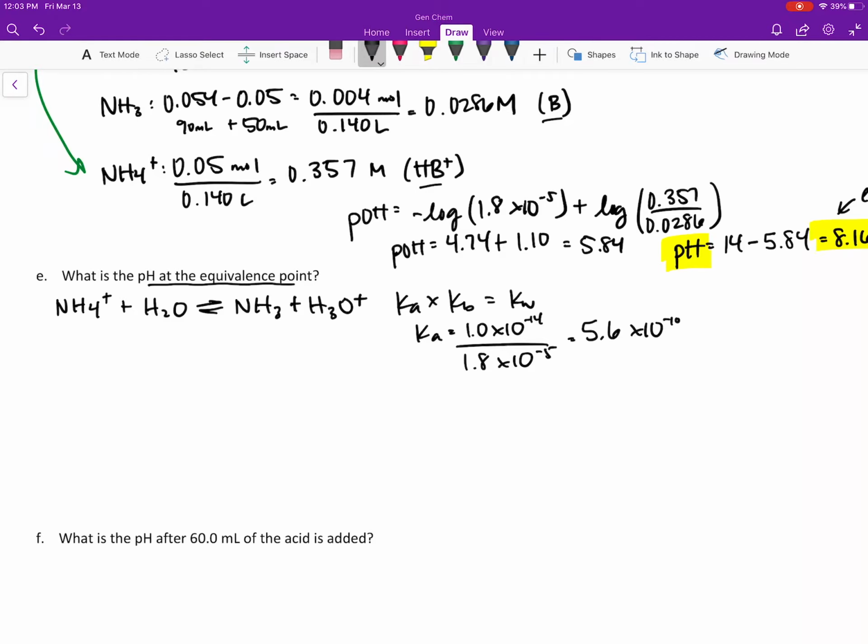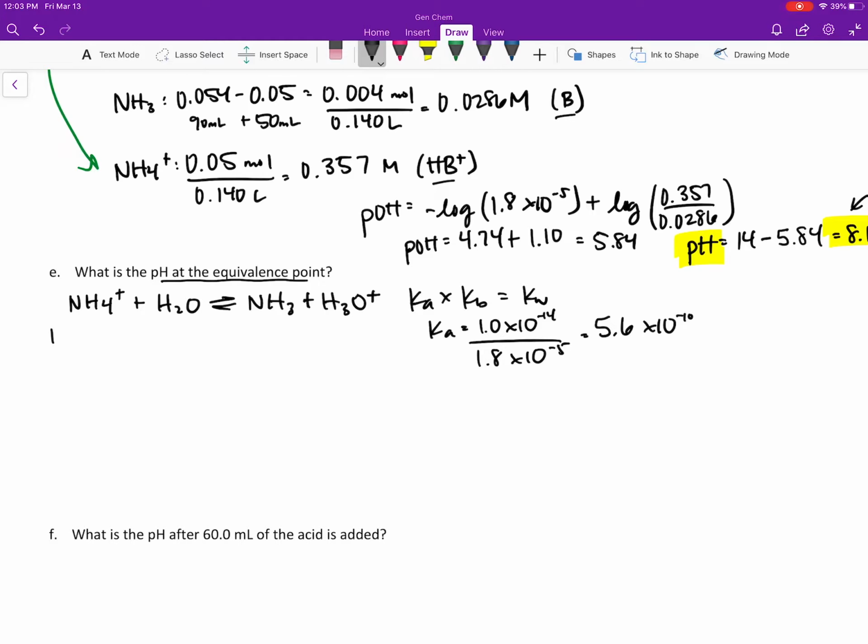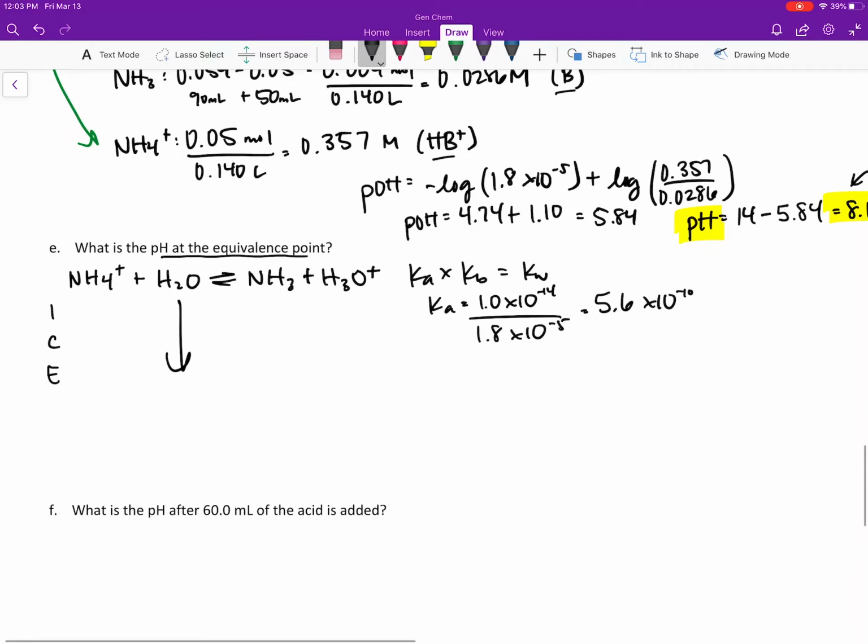Now, at the equivalence point, I need to set up an ice table, but I need to know how much NH4 plus I have. All of the NH4 plus for my ice table, its initial concentration, is going to come directly from the moles of HCl added, divided by the new total volume.